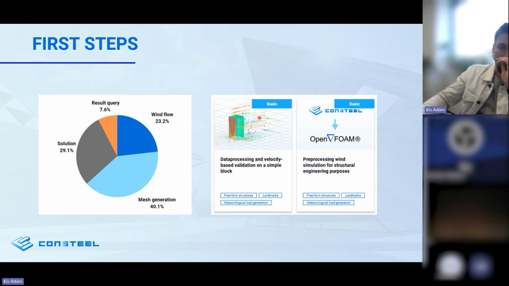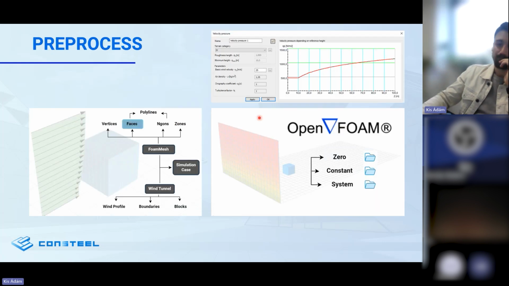regarding this research, and I would like to highlight a few things about these major steps, because I already used these terms pre-process, data process, and post-process. So pre-process is what we call the process when we are creating or converting our geometry to a specific mesh.